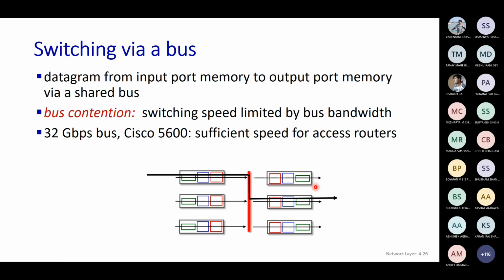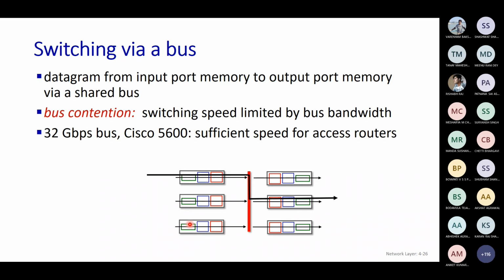Now what would be the problem? Everybody would try to contend for the bus. If everybody transfers data at the same time on the shared bus, of course there will be collision and there can be a loss of data. Whereas if there's exclusivity in getting the bus and then transferring the data to the corresponding output port, there will be contention to get access to the bus.